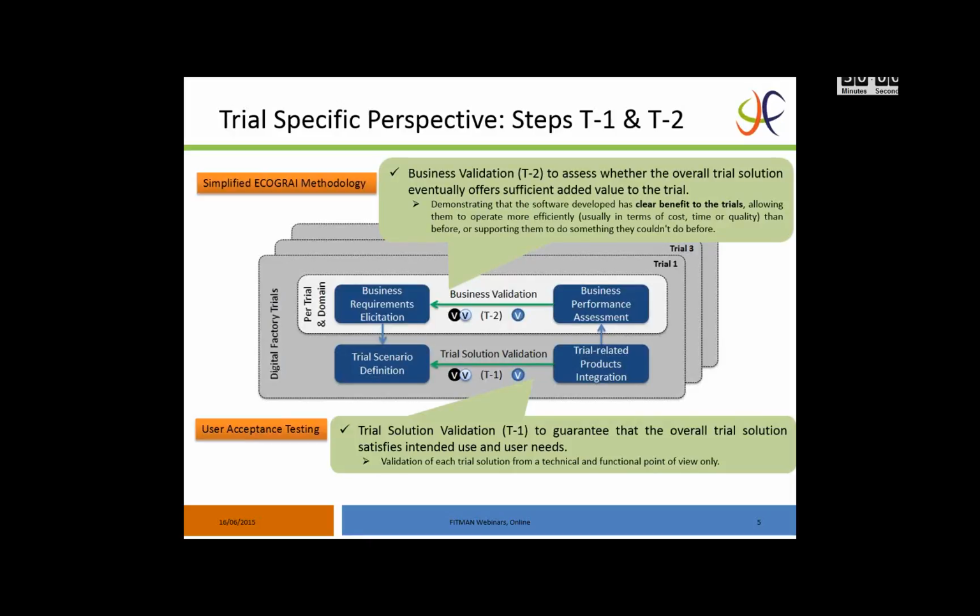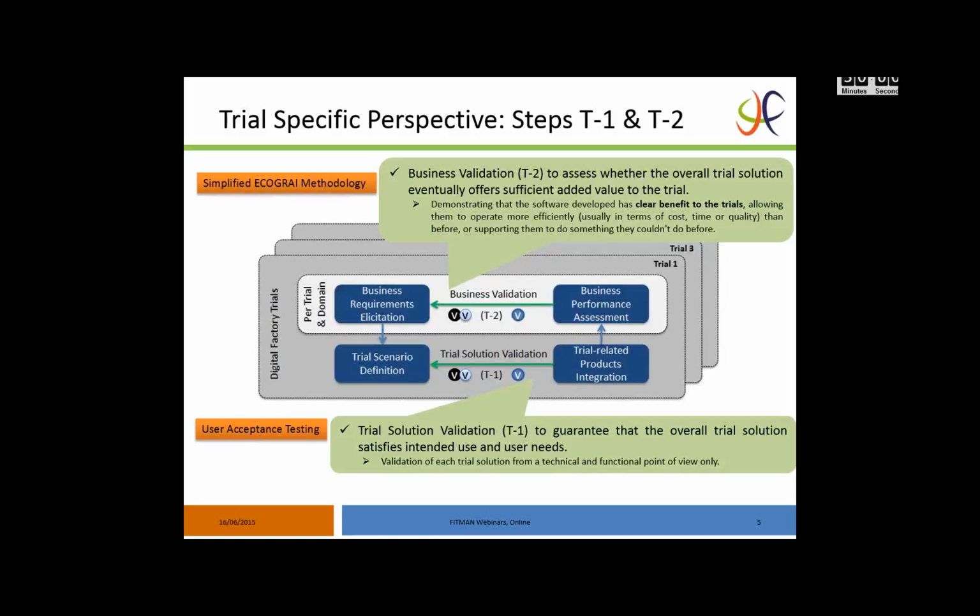The second step is the business validation. In this step, the aim is to assess whether the overall trial solution offers sufficient added value, if it has a clear benefit, if it helps them to operate more efficiently in terms of cost, in terms of time, in terms of quality than before, or to support them to do operations that they couldn't do before.